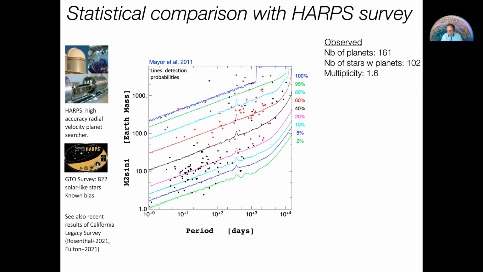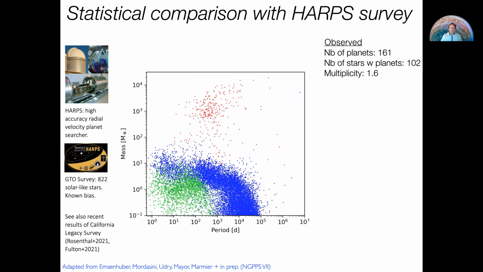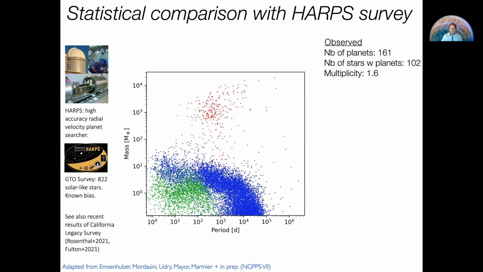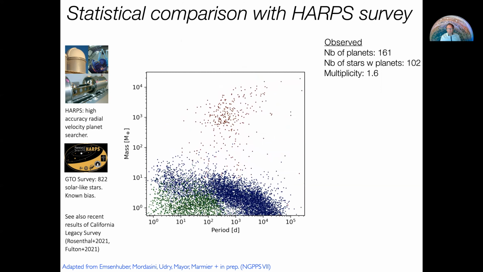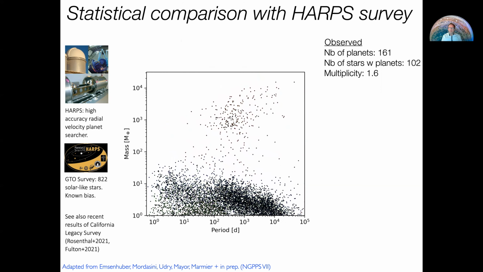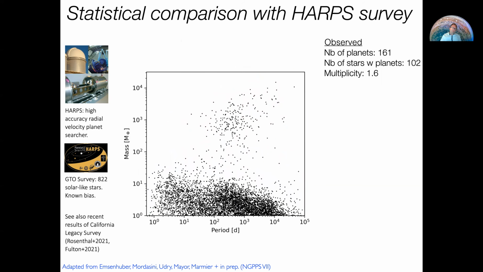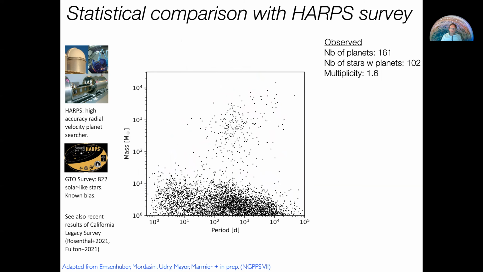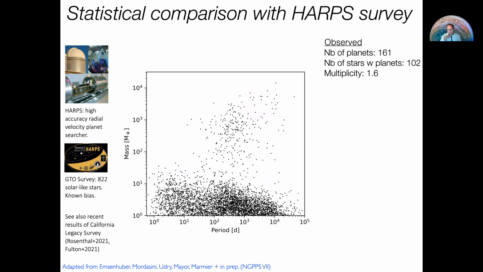Now let's apply this population synthesis method to our generation 3 prediction, the one that we saw before with 100 embryos per disk. First, we have to zoom in to the smaller periods because, of course, we don't have the very long period planets. Then in the next step, we apply the sin i effect, assuming that the orbits of the planetary systems have a random orientation. And then we apply the synthetic detection bias.